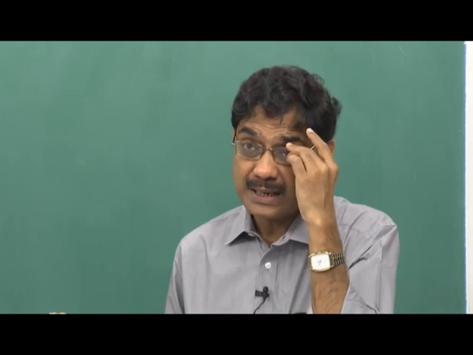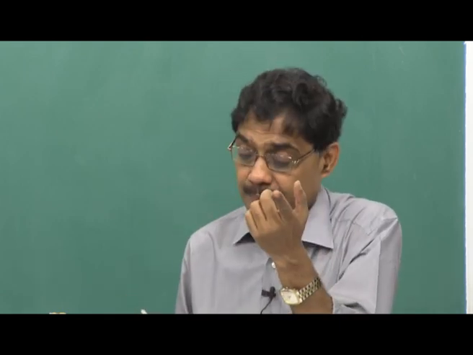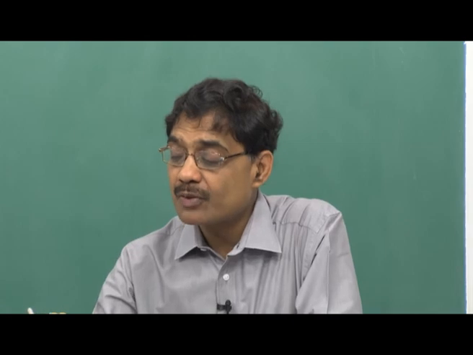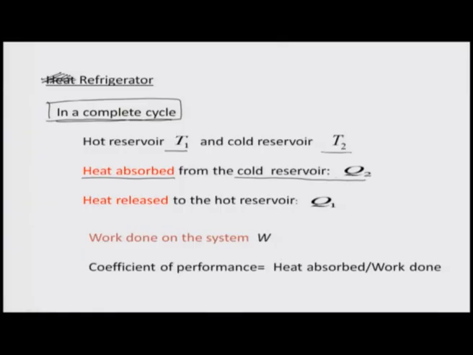I told you the refrigerator works in a reverse way. So, it takes heat from the cold reservoir and releases heat to the hot reservoir. This is funny. It takes heat from the cold reservoir and dumps it to the hot reservoir.